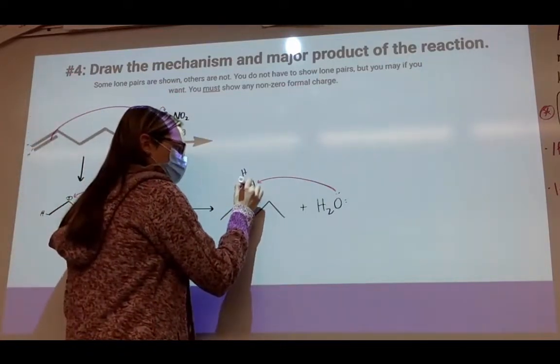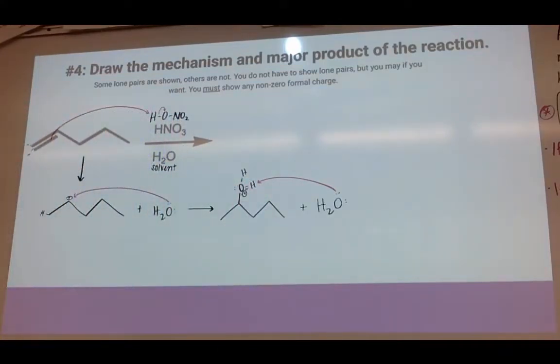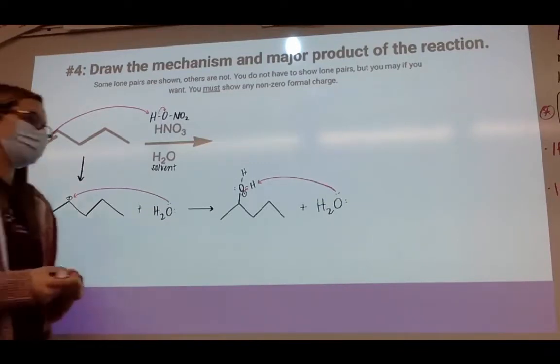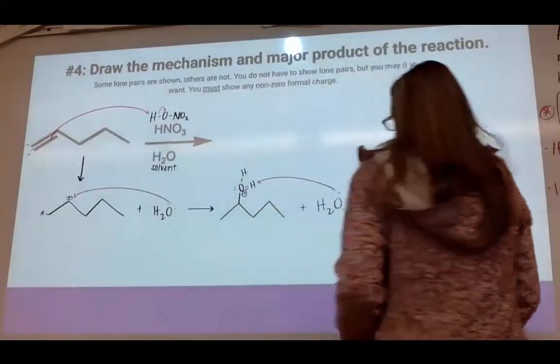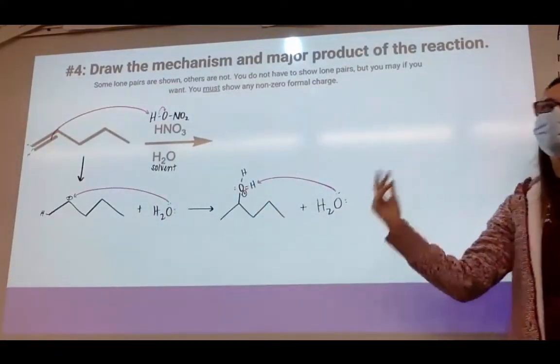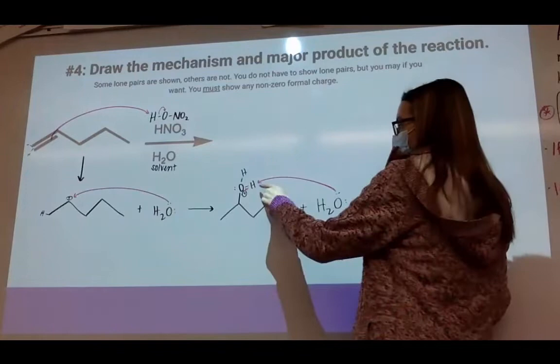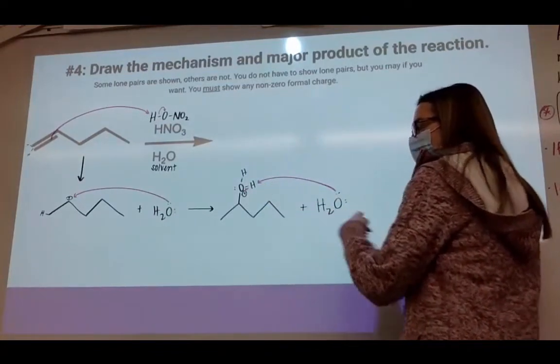When it attacks one of the hydrogens, the electrons from this bond are going to move to the oxygen. Because now oxygen will have 2 lone pairs and 2 bonds, which is what oxygen wants, to give it a 0 formal charge. And so that's going to create H3O+. Again, another side product. We're not worried about any side products, but we would see that H3O plus forming.